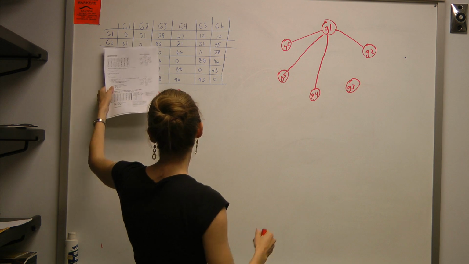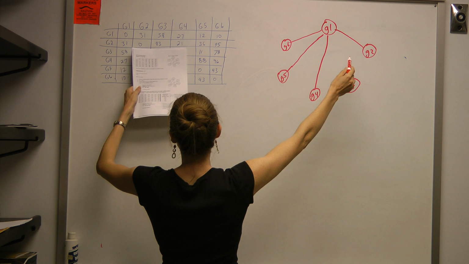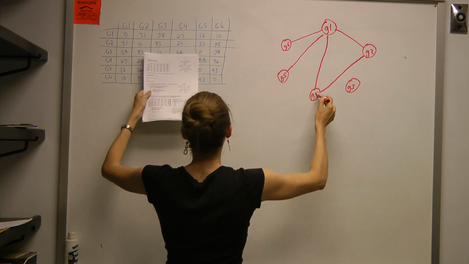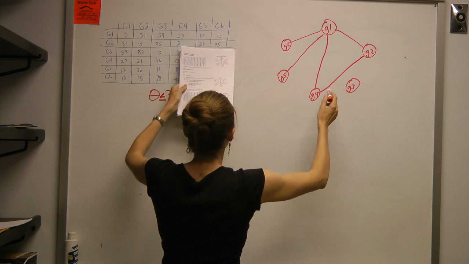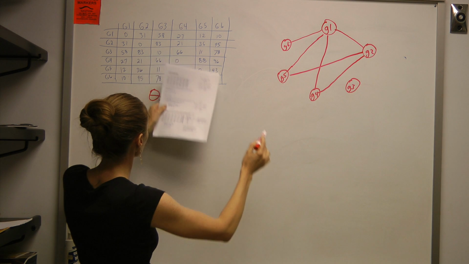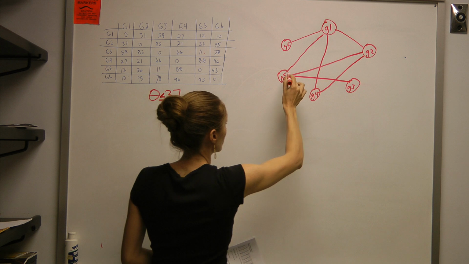And then the next one, G2, has an edge to G1 and G4, and G2 and G5. Then G3, I only see one here, G3 and G5.